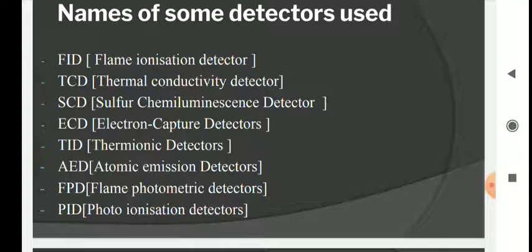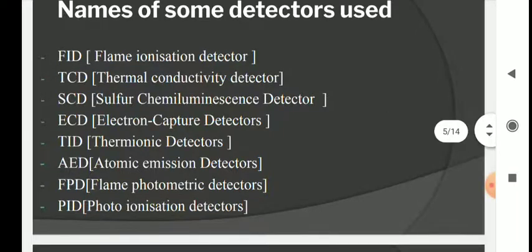The next one is the electron capture detector. Now, the electron capture detector is mainly useful for compounds which have electronegative elements. So if you want to analyze halogen compounds or any compound which has electronegative elements, then you can make use of the electron capture detector, ECD. Then the next one is the thermionic detector. Thermionic detectors are useful specifically for nitrogen and phosphorus compounds. So this is TID. Then you have atomic emission detectors, also flame photometric detectors and photoionization detectors.